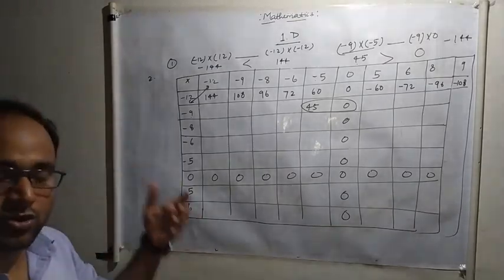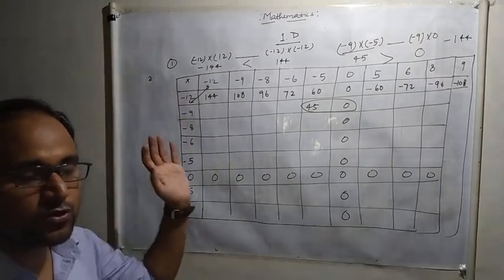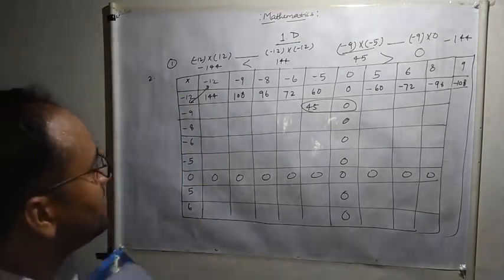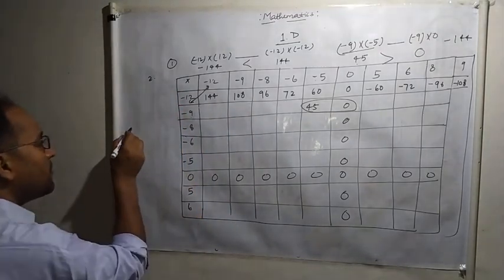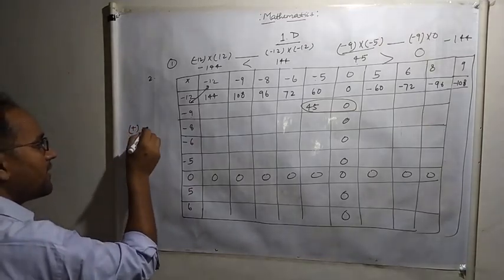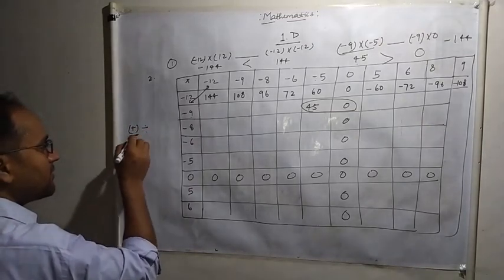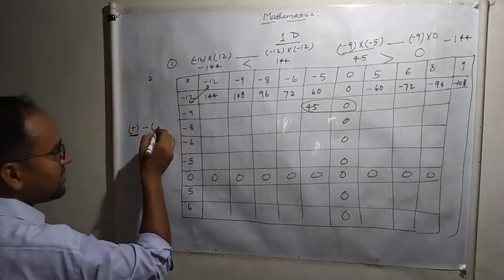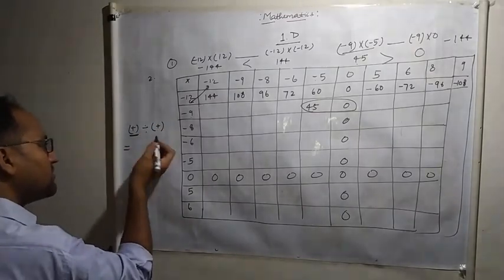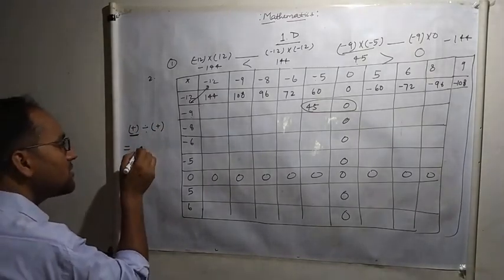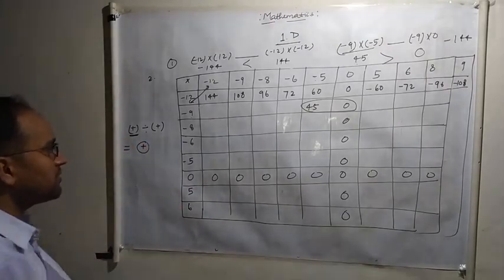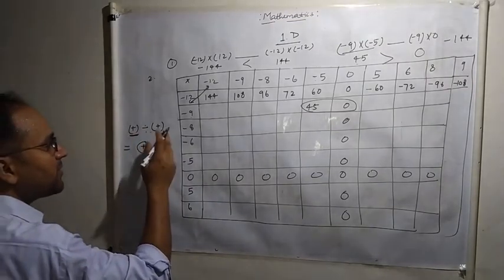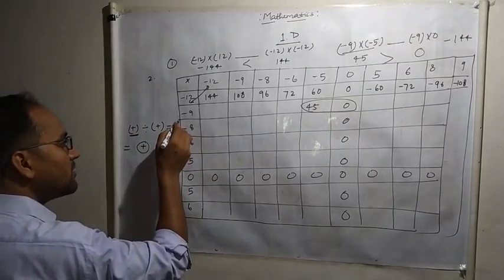And for division, I also explained the rule of signs of division. If your dividend is positive and divisor is positive, then your quotient is also always positive. So plus divided by plus, you always get a plus.